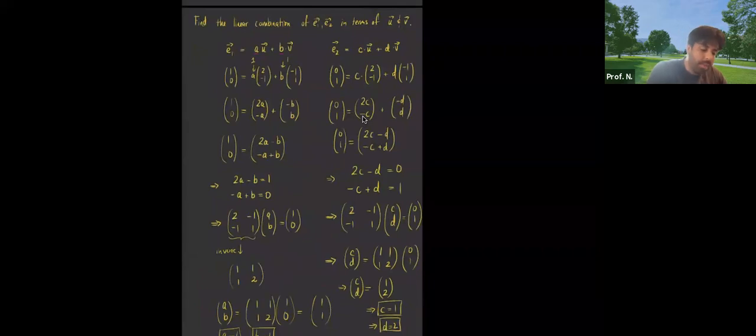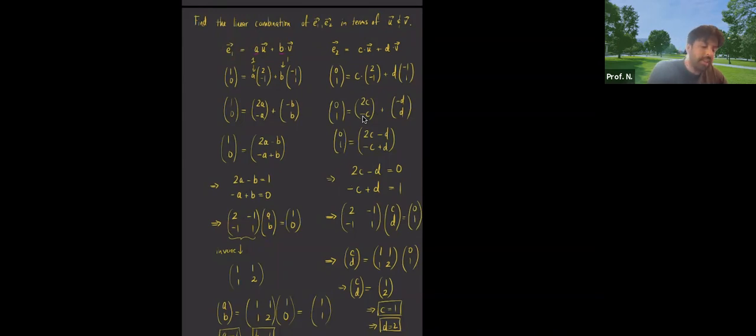And all we wanted to figure out was what are the scalar multiples of u and v individually that give us E1 and E2. So we found that we needed one of these and one of these. One u vector plus another v vector would give me E1. And I found out that one u vector plus two v vectors would give me E2.